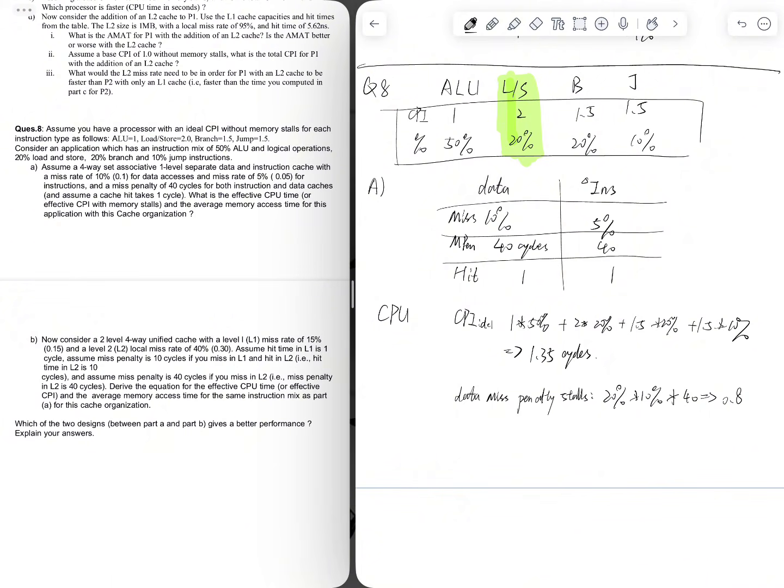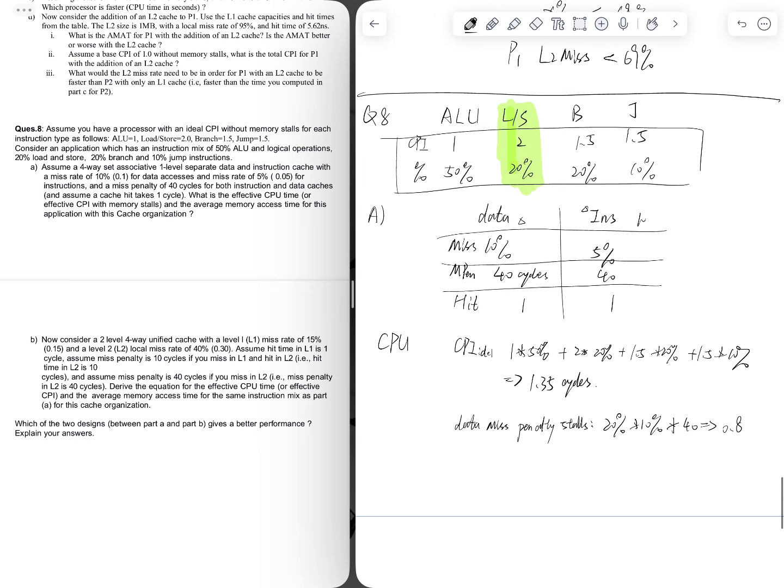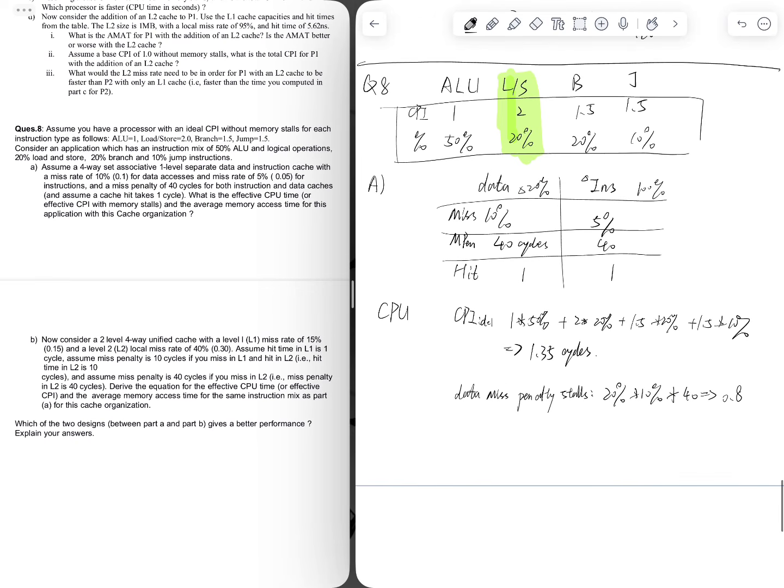Instruction fetch will happen for every instruction, so it is totally 100%, and data is the 20%. So for the instruction miss penalty stalls, we will have 100% of the instructions with 5% of the miss and 40 cycles.